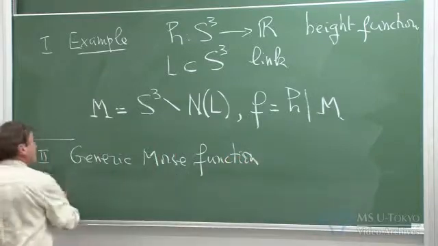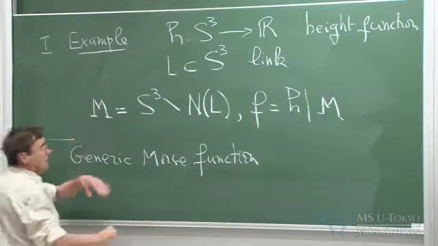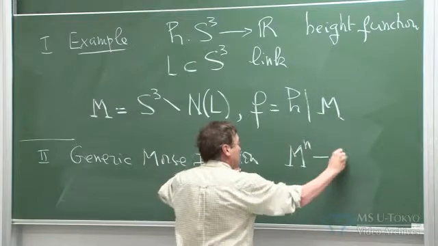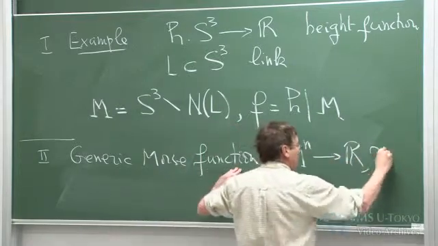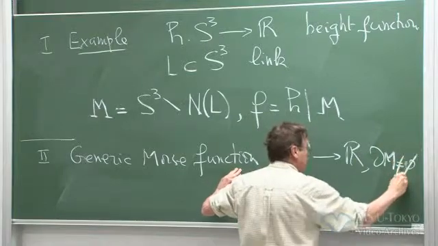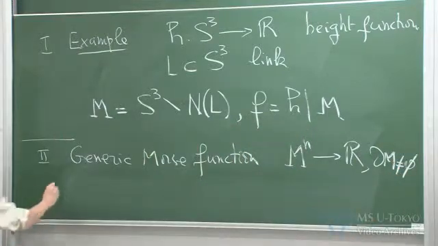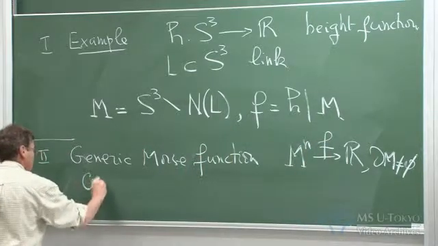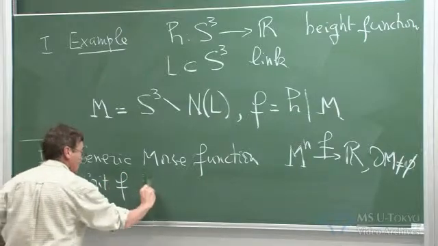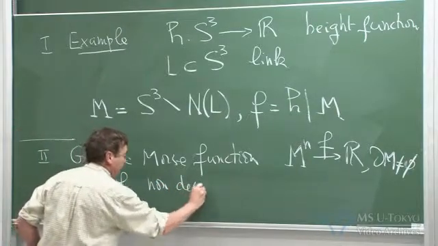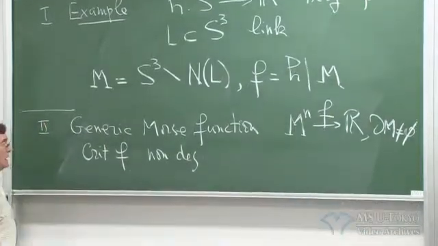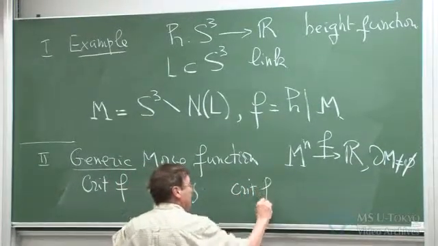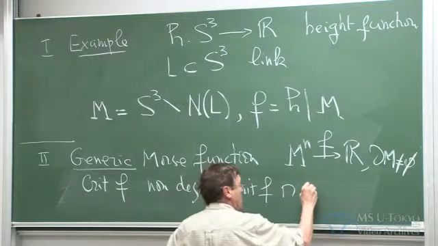M is in any dimension, and the boundary of M is non-empty. My function is Morse, that means the critical points of f are non-degenerate. And generic means the following: the critical set is disjoint from the boundary.